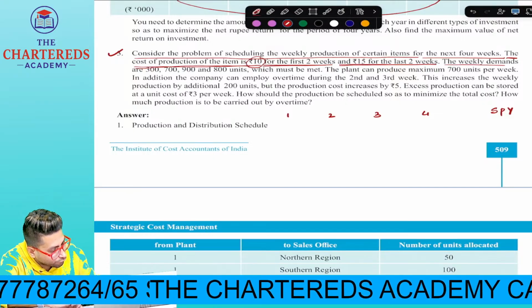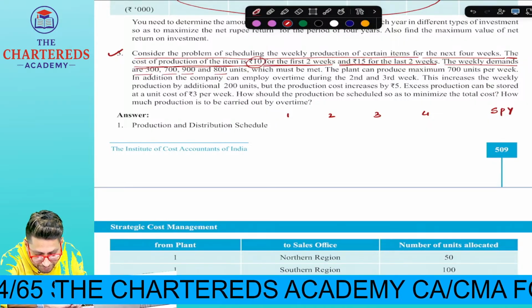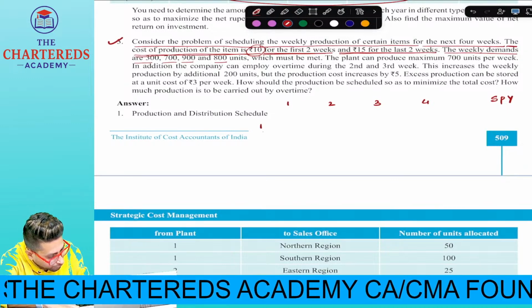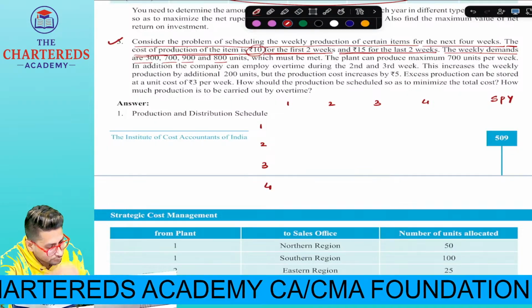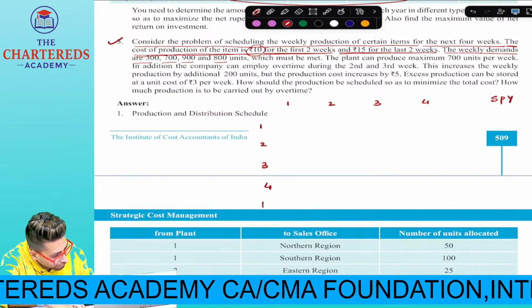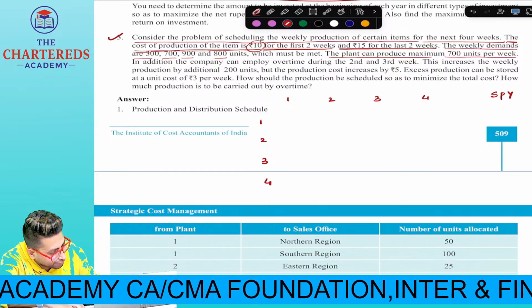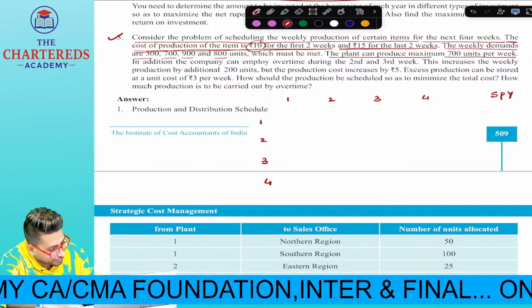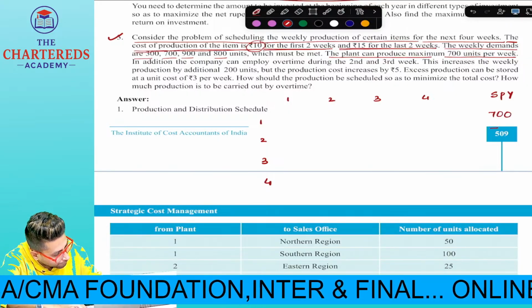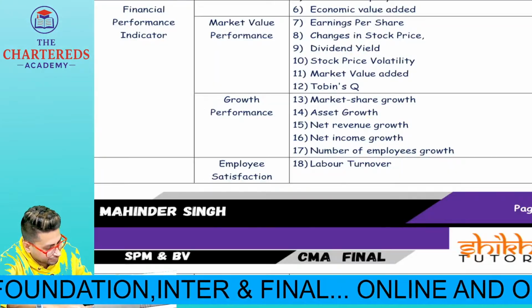The weekly demands are 300, 700, 900, 800. Here also week 1, 2, 3, 4, and here we have demand. The plant can produce a maximum of 700 units per week. So what is the maximum supply? 700. So 700, 700, 700. 1 minute, I'll write here neatly.